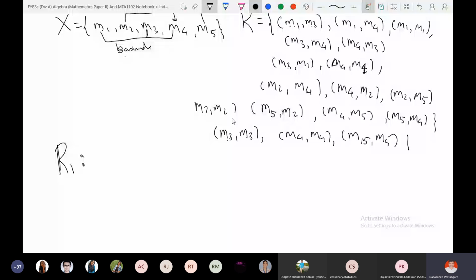X is related to Y. Now I am defining a new relation, so I am calling it R1, a new relation, not like the previous relation. X is related to Y with respect to the new relation if X and Y like the same movie.